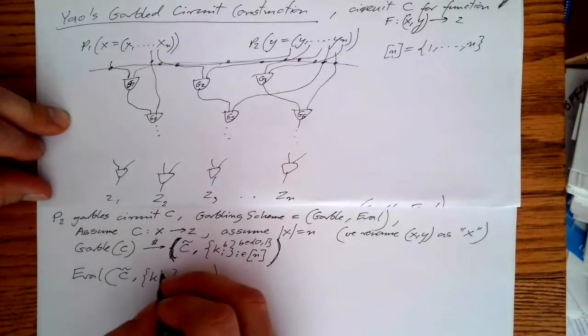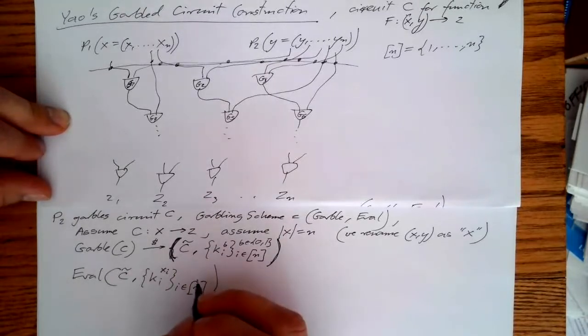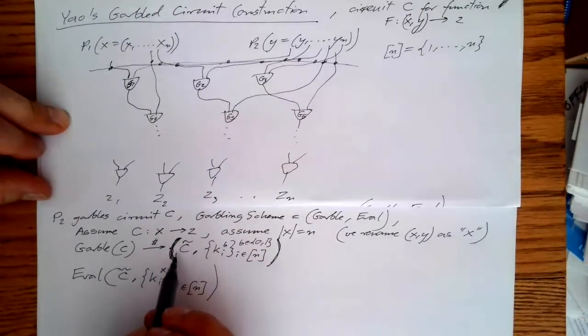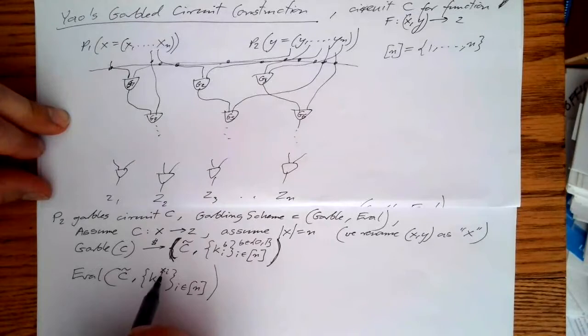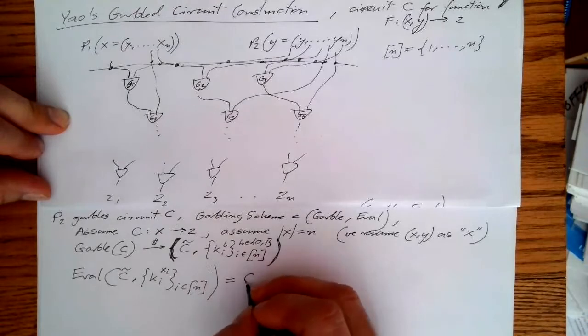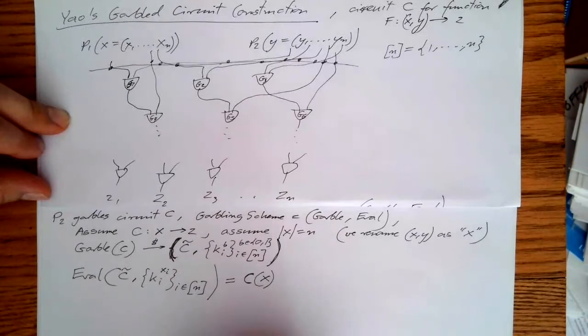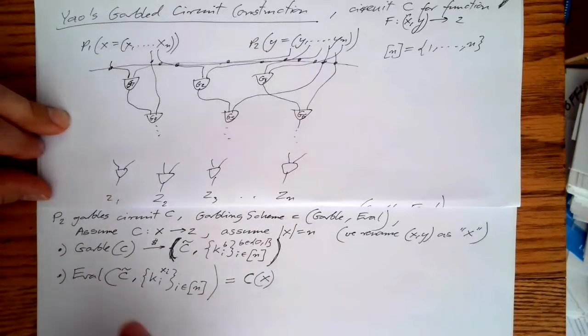But which key? Well, designated by the bit of the input X. If the evaluator gets the garbled circuit and gets one key for every input wire, as determined by the bit of the input X, then they can evaluate the output, which is the value of the circuit applied to input X. Okay, well, these are the syntactic, what these produce.